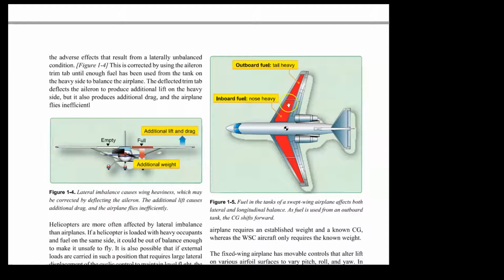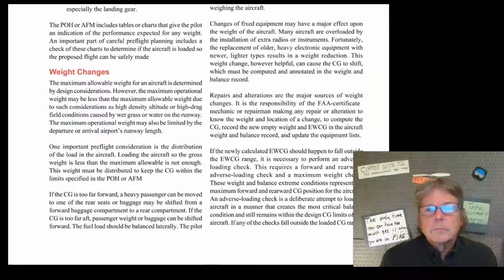So if you have full inboard tanks, it makes the weight heavier on the nose. If you have full outboard tanks, it makes it a little heavier towards the tail. As the airplane burns off fuel in flight, the center of gravity will move. And this is normal, as long as it's all within limits. So these are the major factors that are discussed in Chapter 1 of the reading.